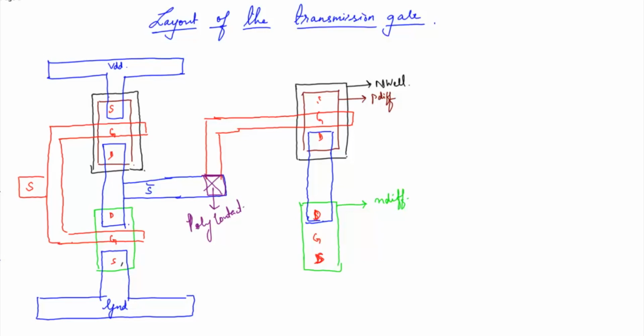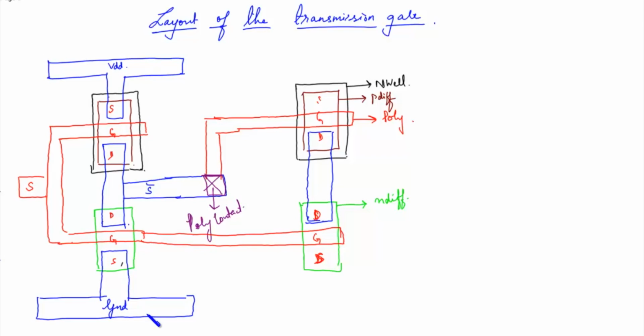This is poly. Then this input S is connected over here, so directly you can connect from here. So this is S.